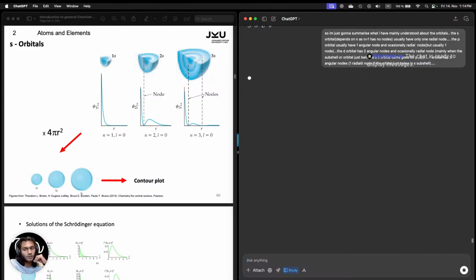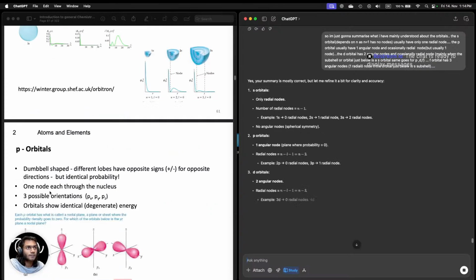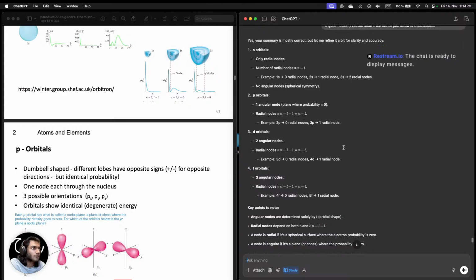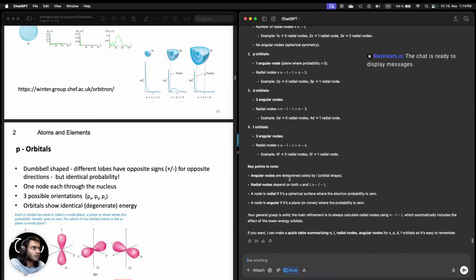I forgot about the orientations, right? No angular nor spherical symmetry. Angular nodes are determined solely by orbital shapes. Radial nodes depend on... okay.